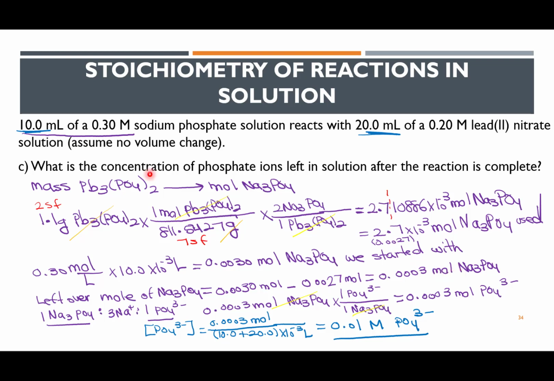Now the question asks for the concentration, so you convert the moles of sodium phosphate to the moles of phosphate ion, which is a 1-to-1 ratio. Then you divide that number by the total volume, which is 30: the 10 comes from here, the 20 comes from here, and you convert it to liter. When you do the division, the concentration of leftover phosphate ion is 0.01 molarity. It's the right sig-fig because this number is only 1 sig-fig and that number is 3 sig-fig. Between 1 and 3, the answer is 1.